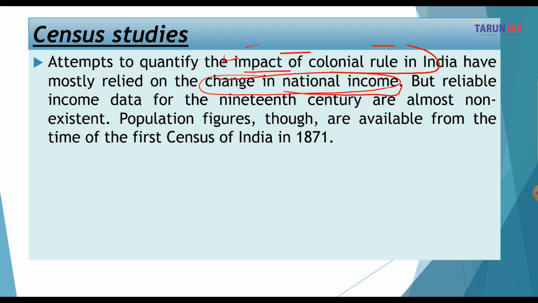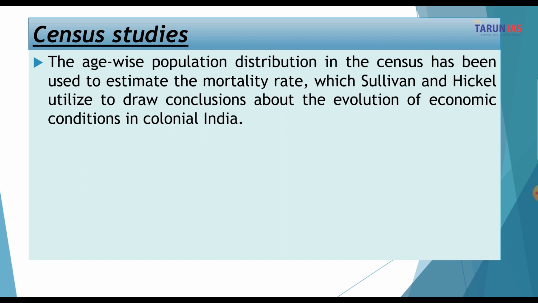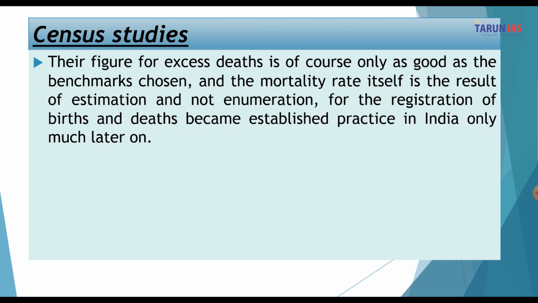The population figures are of course available in 1871 because in 1871 the first population census was conducted during the British colonial rule. And if we consider the Sullivan and Hickel study, then they basically took the age-wise population distribution in the census to estimate the mortality rate, and through that they drew their conclusion about the evolution of the economic conditions in colonial India.